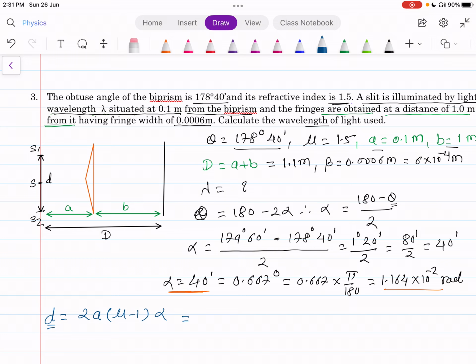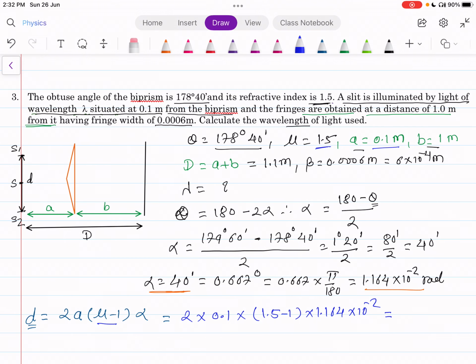So this is equal to 2 into a, where the value of a is 0.1 meter, into (mu minus 1), where mu is 1.5, so 1.5 minus 1, into alpha, 1.164 into 10 raised to minus 2.